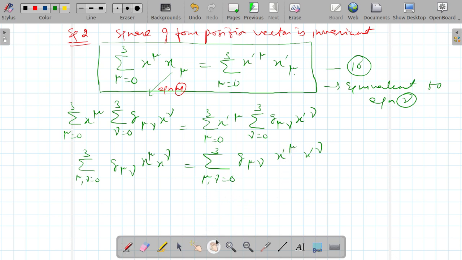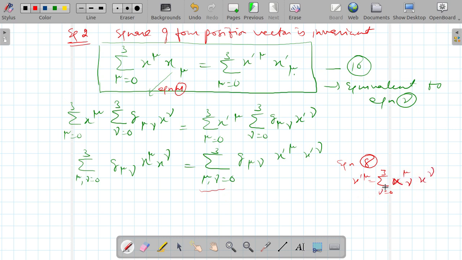So let me now, here mu and nu are already used, and also we know from equation number 8 that x prime mu, for mu from 0 to 3, is the summation of alpha mu nu x nu.